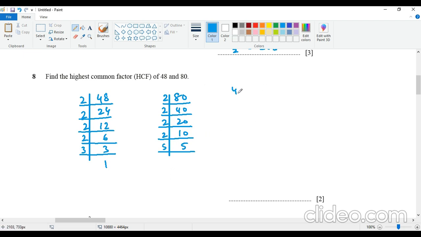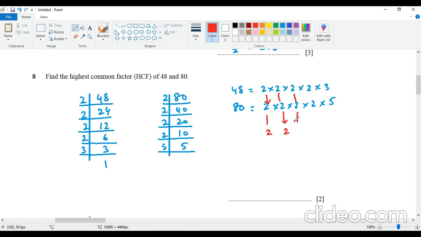So for 48 and for 80, write down separately. It is 2 times 2 times 2 times 2 and a 3, while here it is almost the same but multiplied by 5. So these two are going to give us a 2. These two is also a common.